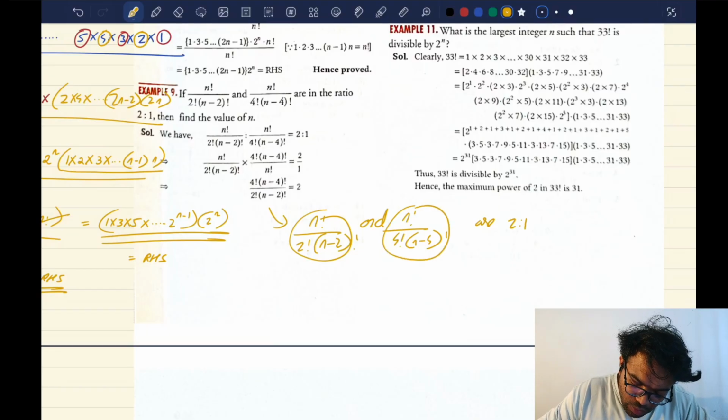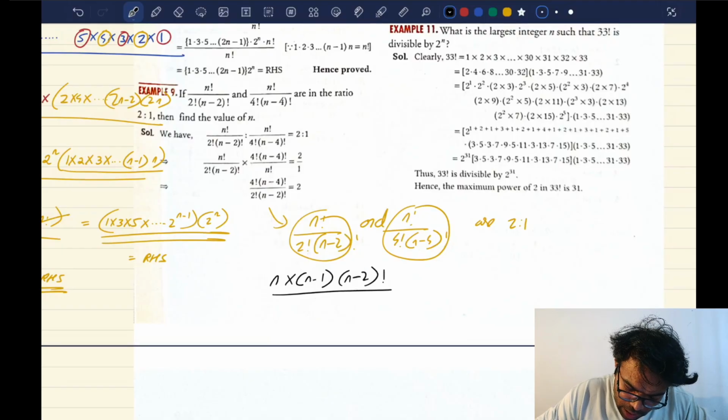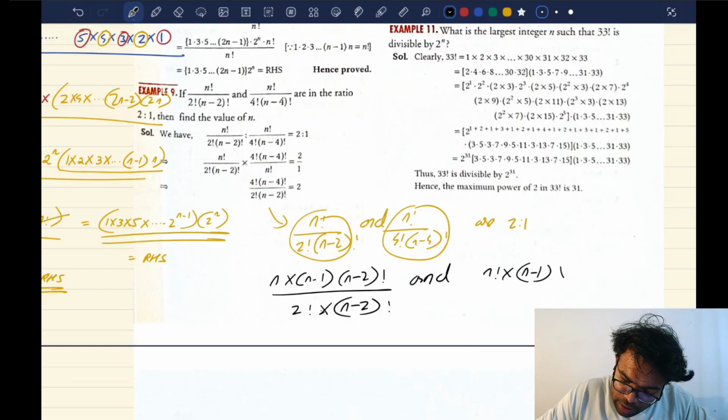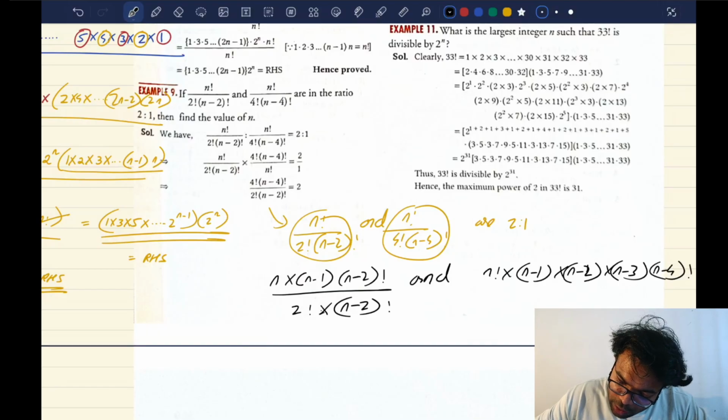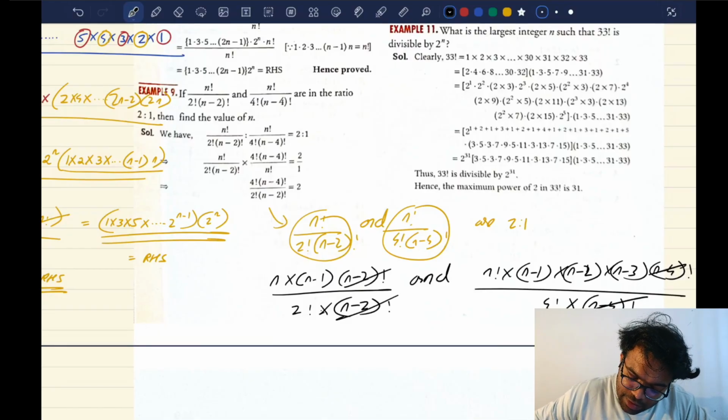I can write this as n into n minus 1 into n minus 2 factorial upon 2 factorial into n minus 2 factorial, and you have n into n minus 1 into n minus 2 into n minus 3 into n minus 4 factorial upon 4 factorial into n minus 4 factorial. This and this gets cut off. This and this gets cut off.